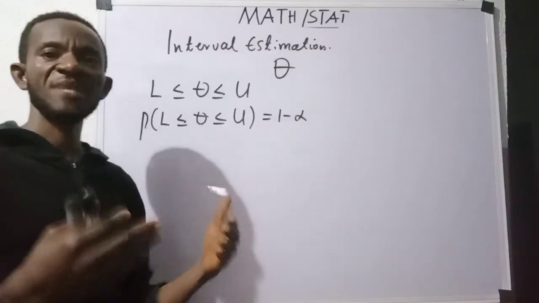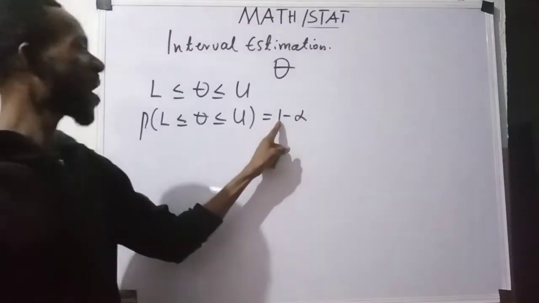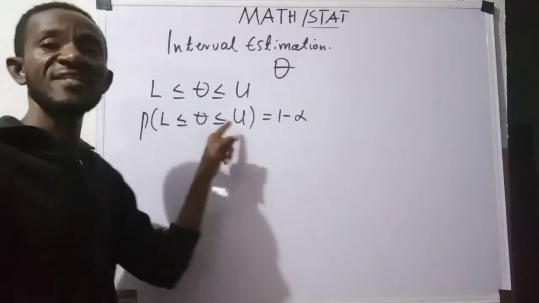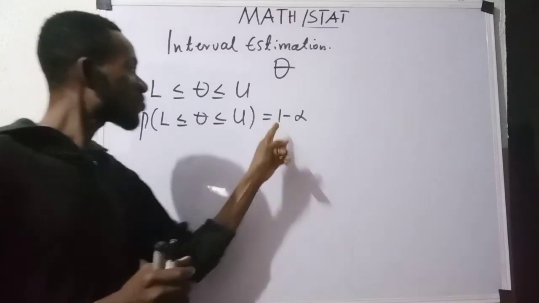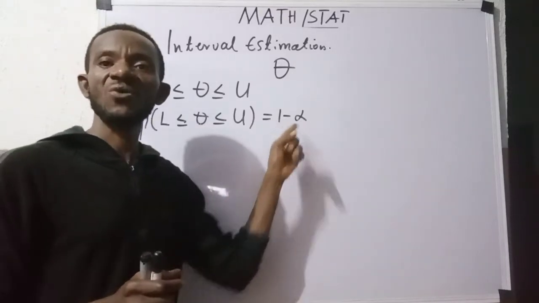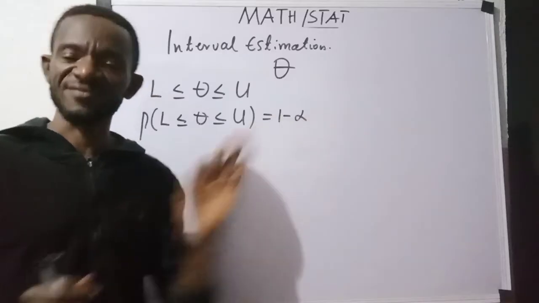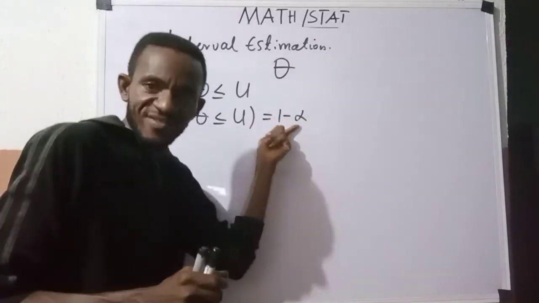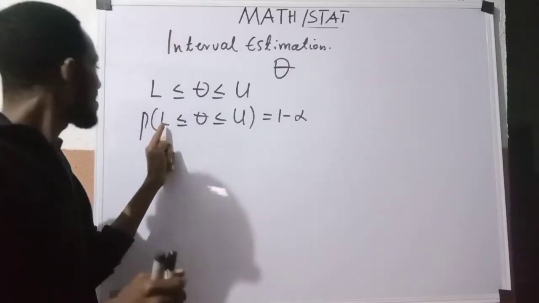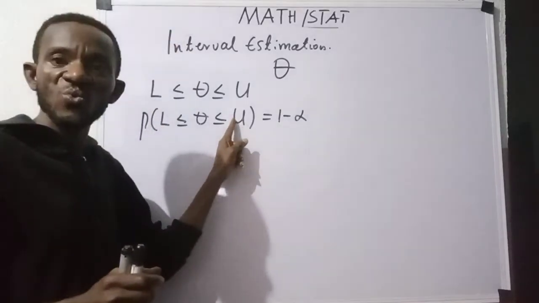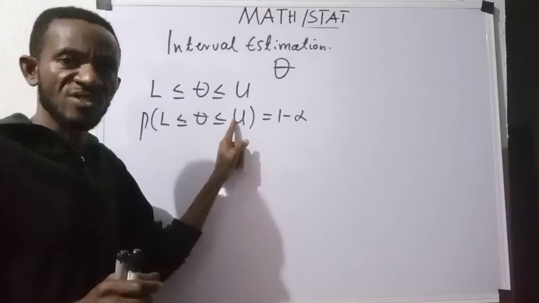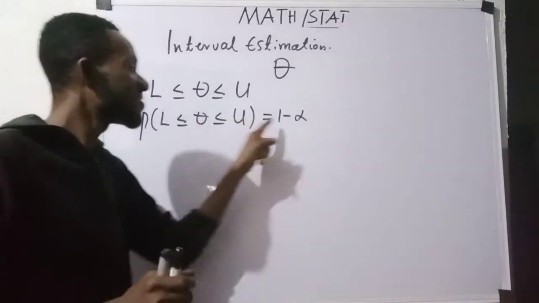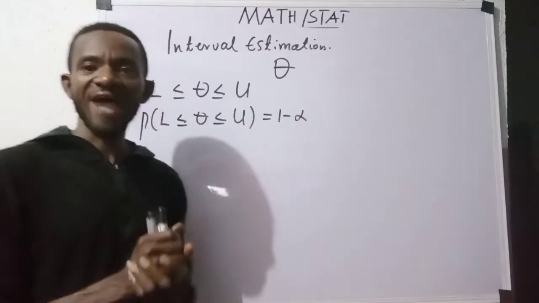That's the reason why you hear people say construct a 1 minus alpha confidence interval. This 1 minus alpha is called your confidence level. So what is meant here is that my confidence level, that L and U, which are the interval of values, are going to contain the population parameter theta, is 1 minus alpha.